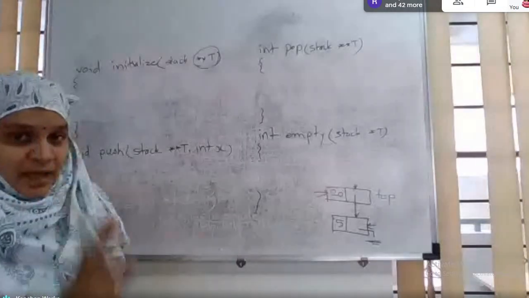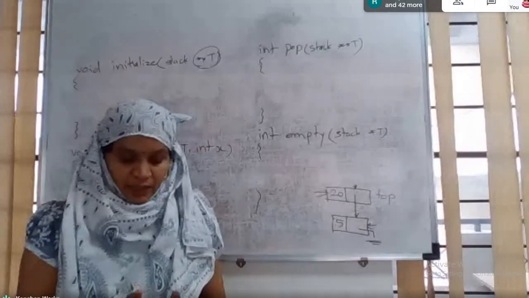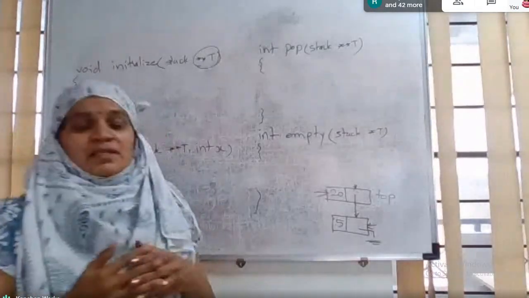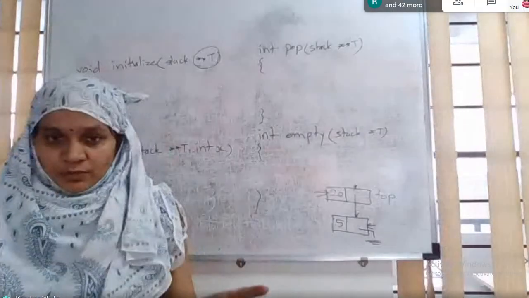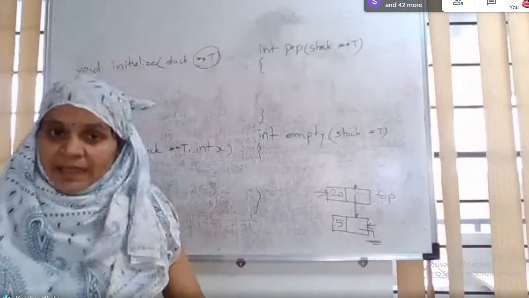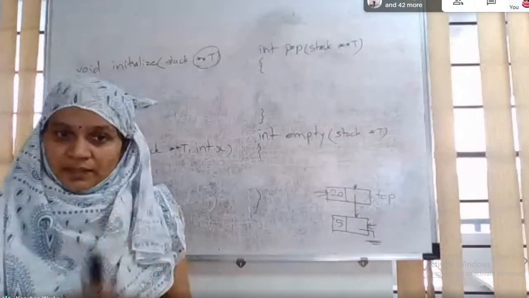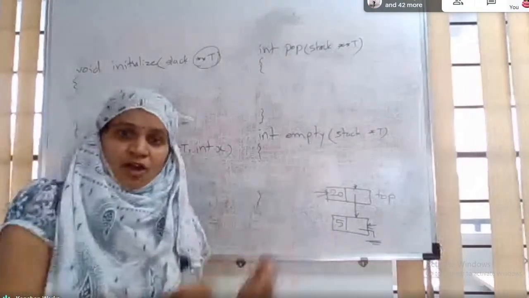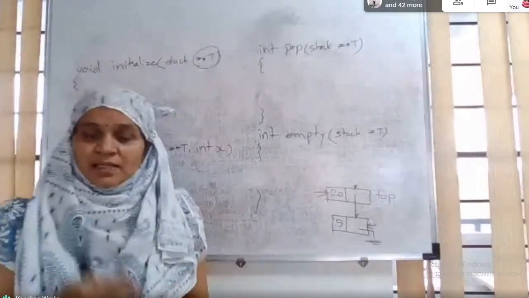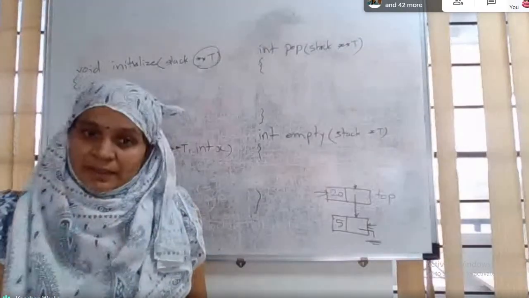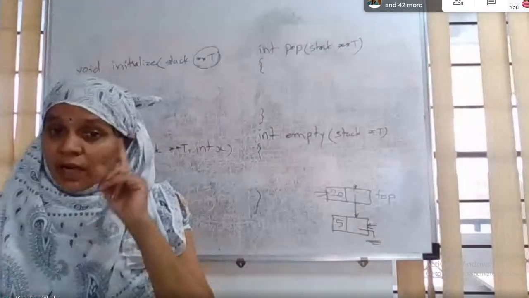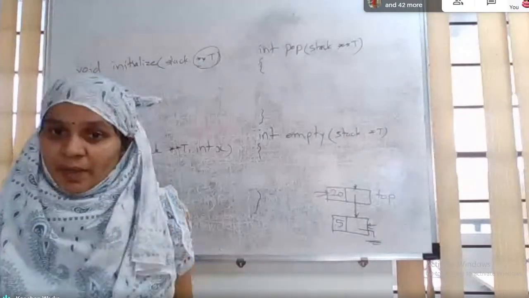Wherever the value of your parameter changes, if you are passing that parameter by value, it may get changed in between the calling and called function. But when you are passing a parameter by address, then you are passing the address of that memory location.